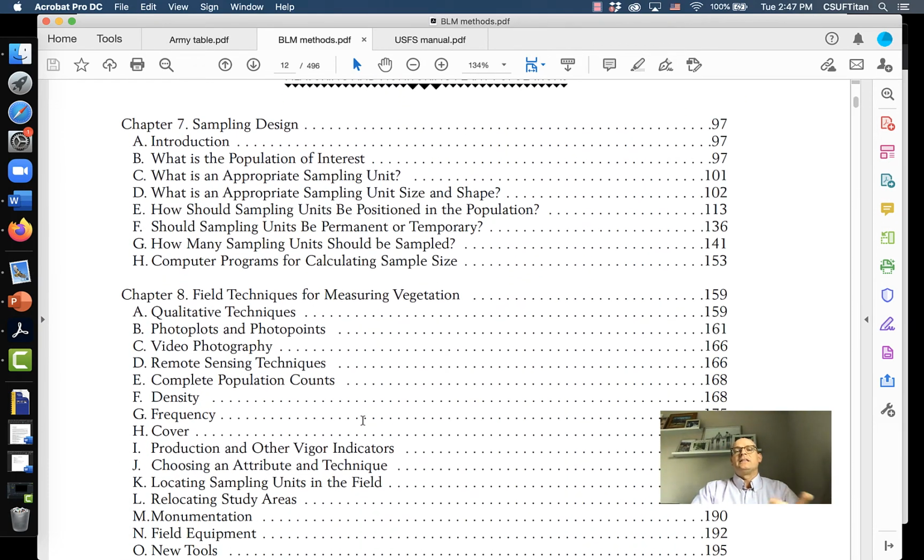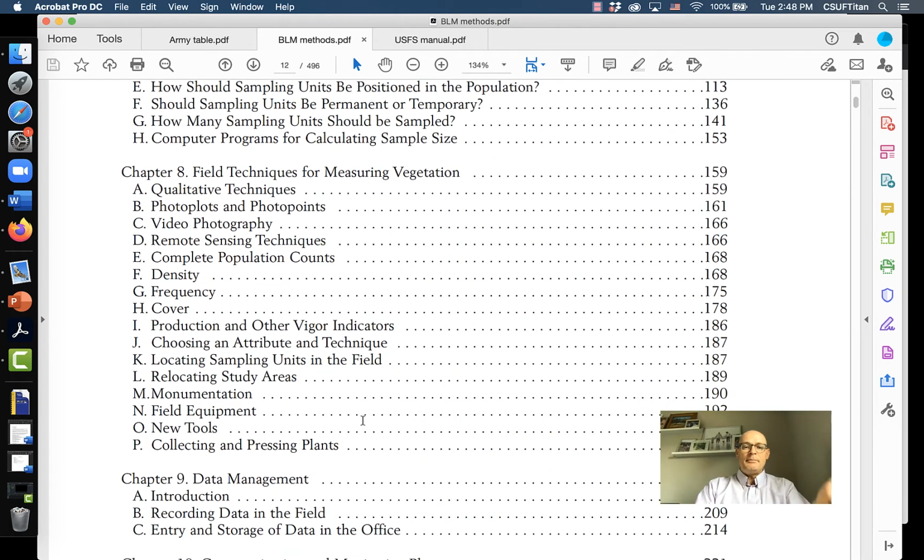Essentially it's saying there are methods that we need to use for BLM lands that are applicable here. Chapter 8 is video photography, remote sensing, population counts, densities, frequencies, cover. There are all sorts of different ways, and like I said from the Army one, they all have strengths and weaknesses. So you've got to find the right technique that'll maximize the strengths and minimize the weaknesses in your measurement strategy.